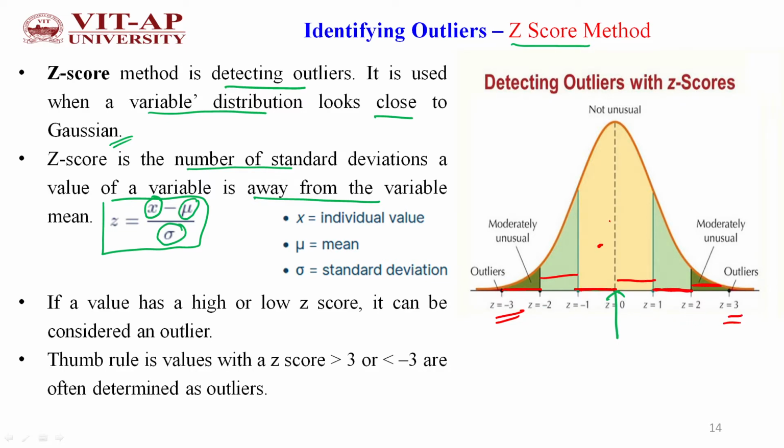Whichever data points are available within the three scales contribute to our model. If the data points are outside of this three scale, these data points are called outliers by using the Z-score.